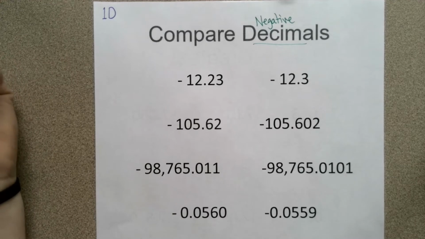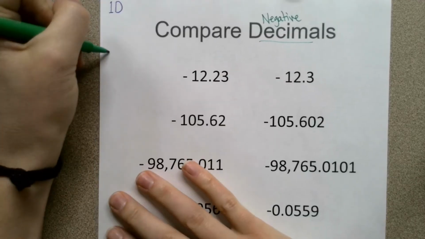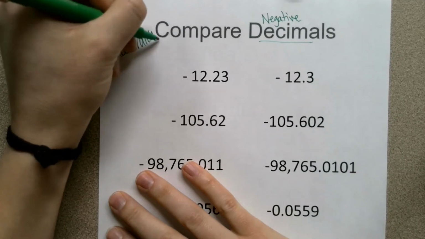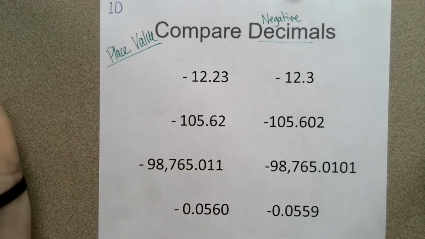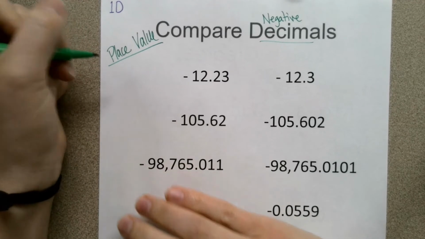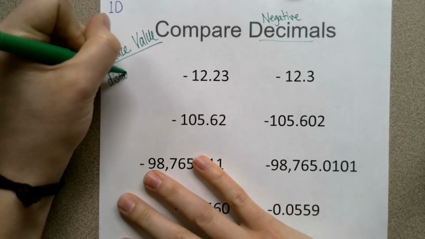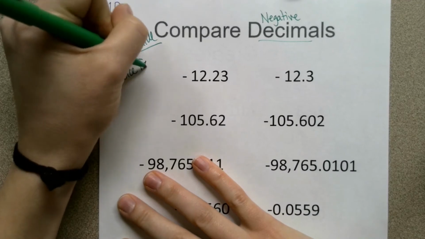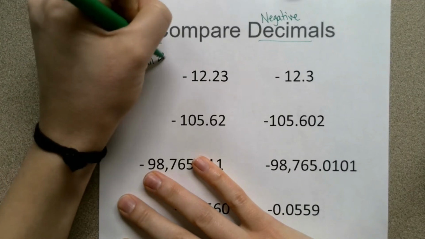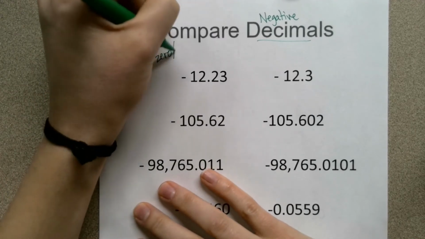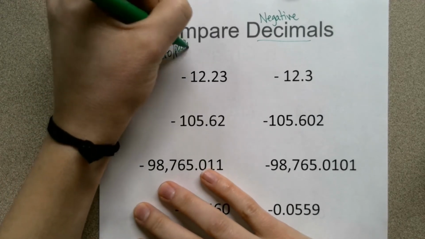Just like before, anytime we're comparing with decimals, place value is incredibly important. That's going to be our go-to. So we want to look at place value. We also want to think of it in terms of the distance from 0, because that's going to help us think of how far it is from 0 or any positive numbers.